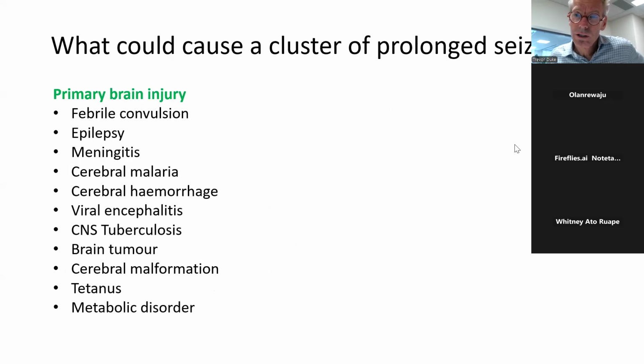As I said, the causes of prolonged or recurrent seizures are complex, and many of them are relatively benign. So the child who has a febrile convulsion may have a couple or a cluster of febrile convulsions, but still will recover neurologically normally without any injury to their brain and without any sequelae.